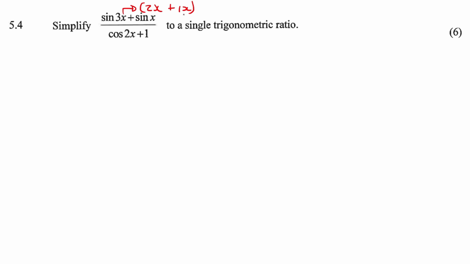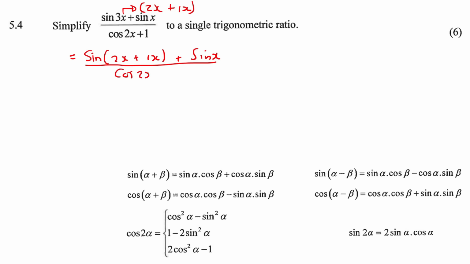Don't change the cos 2x right now. Let's first just check and see what happens to the top. So I'm going to use this over here, and that ends up becoming sin 2x cos x plus cos 2x sin x plus sin x.